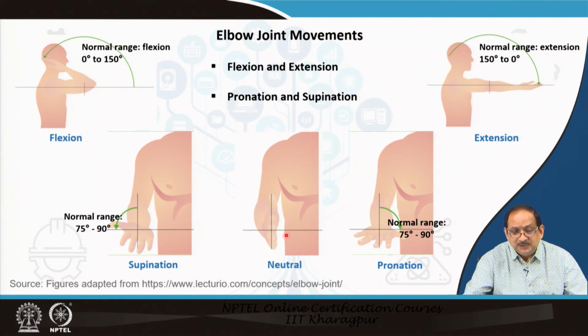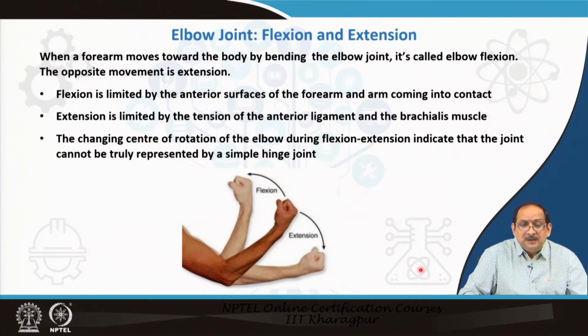From the neutral position, if we rotate the arm outward, then it is called supination. Rotating the forearm inward is called pronation. Now, we will be concentrating in this lecture on the major movement offered by the elbow joint, that is flexion, extension.